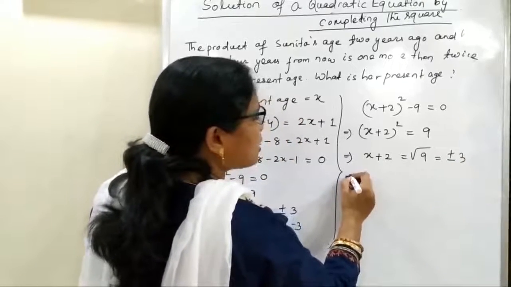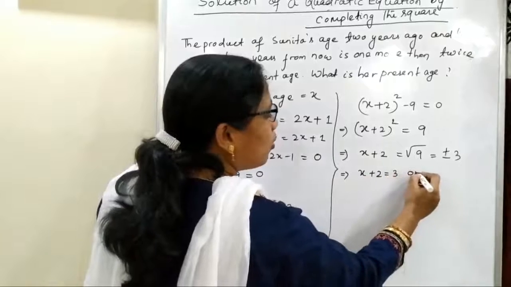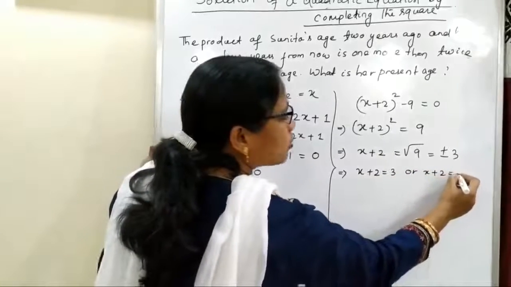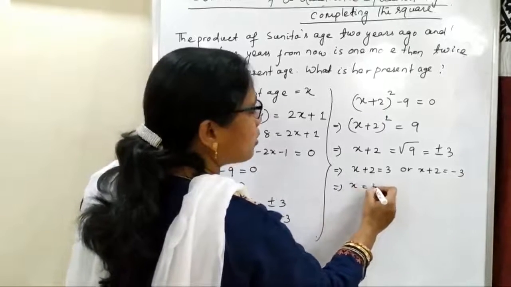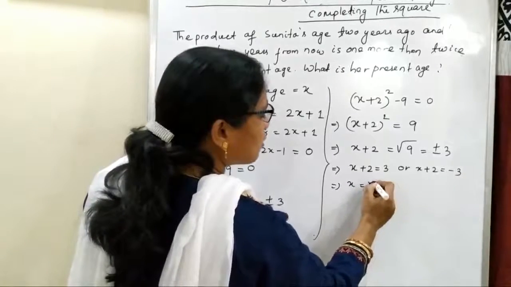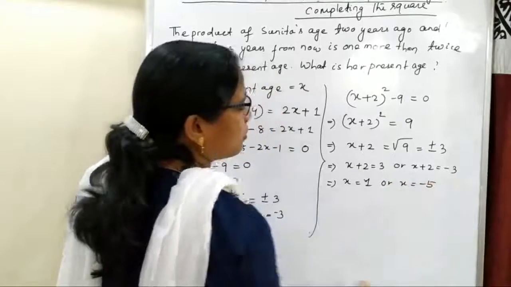So x plus 2 is equal to 3 or x plus 2 is equal to minus 3. So x is equal to 1 or x is equal to minus 5.